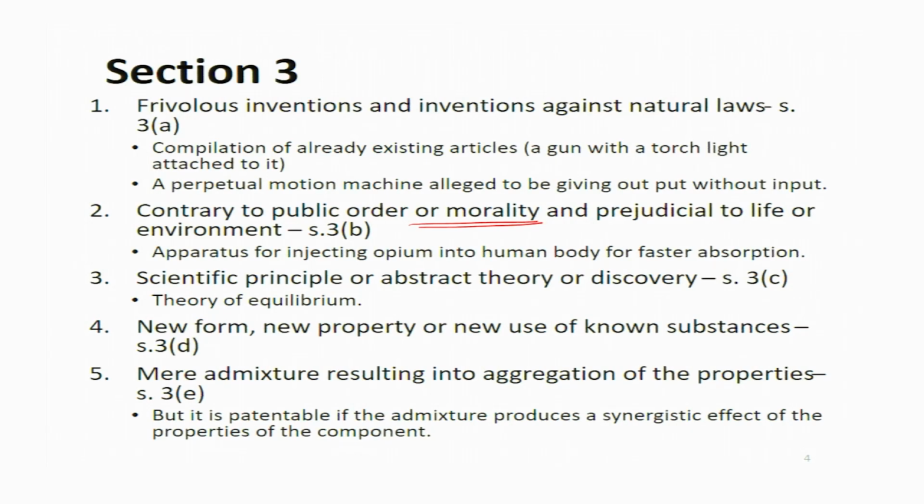For example, I have invented a syringe which can be used to inject opium into the human body for better absorption. This is an immoral invention. So immoral inventions, inventions which are against public order, inventions which are prejudicial to life or environment, all these are not patentable under section 3B. And as I said, I will talk more about the immoral inventions later on in this lecture itself.